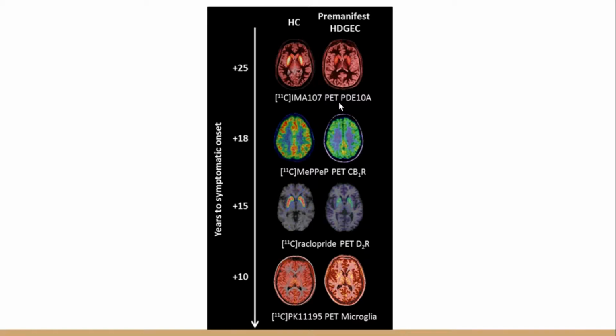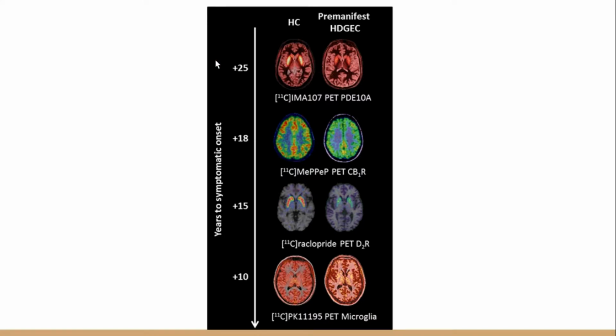Prodromal HD patients show very early changes in phosphodiesterase 10A, PDE10A. They show these very distinct changes in PDE10A expression up to 25 to even 40 years before disease onset.